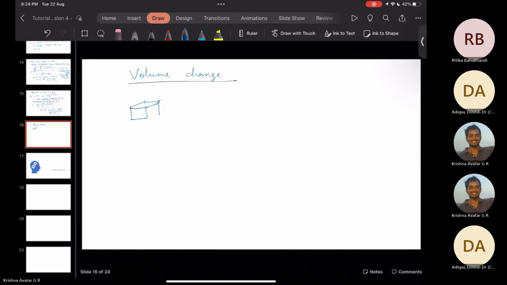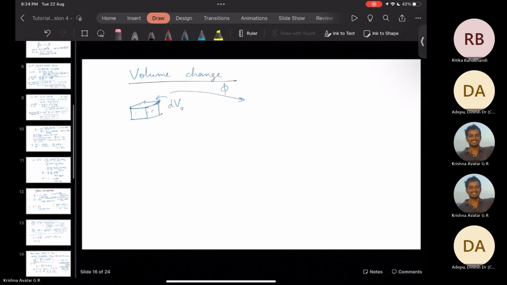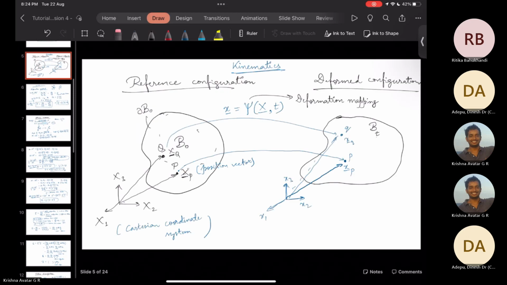So suppose you have this cubic or even cuboidal element whose volume is dV naught, and say it undergoes some deformation psi. Did I represent it by phi or psi? Okay, psi.